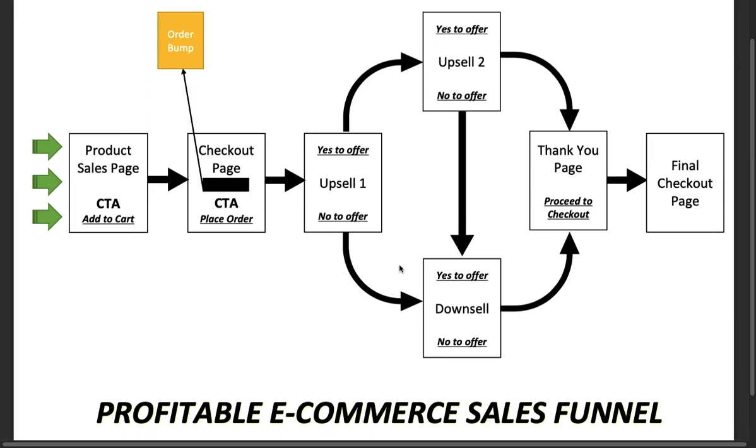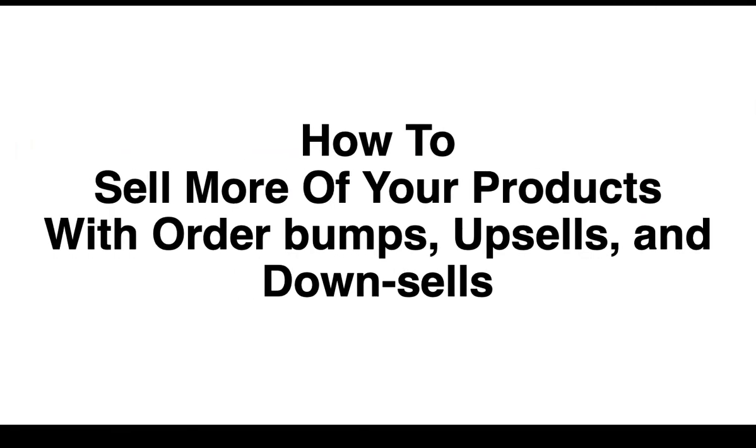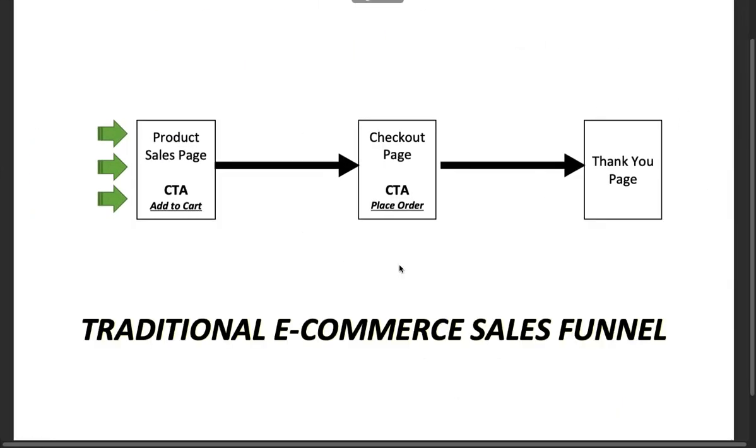So guys, as you know, the normal traditional way of setting up any e-commerce selling situation is just having a product sales page which is going to have a CTA.